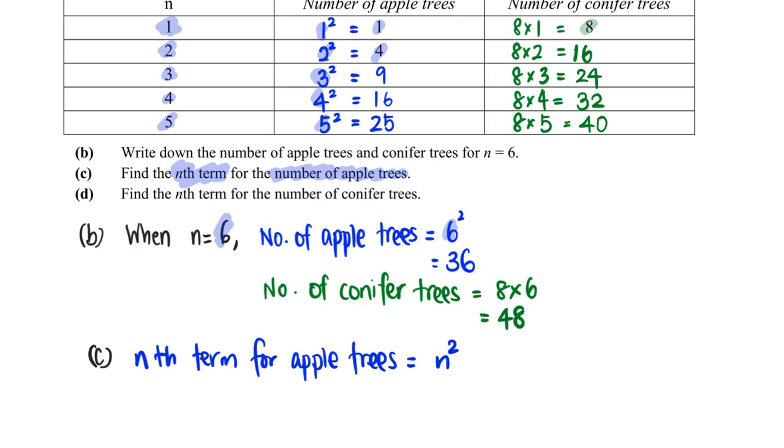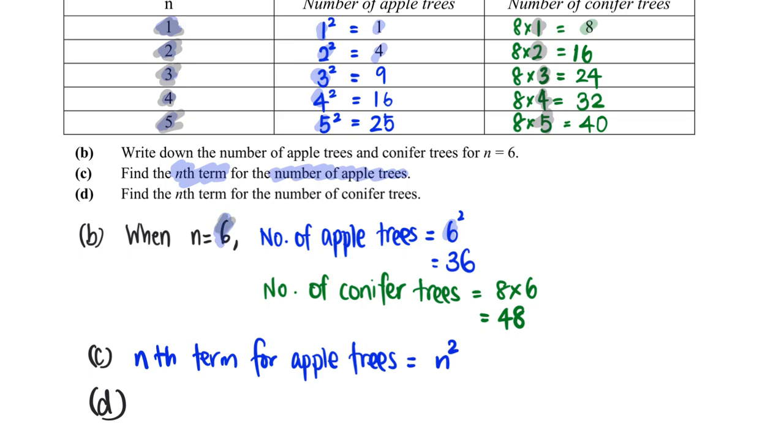Part D, the last part. When n is equal to 1, 8 times 1. When n equals 2, 8 times 2. When n equals 3, 8 times 3. 4, 8 times 4. 5, 8 times 5.